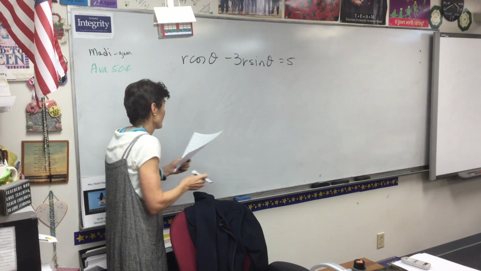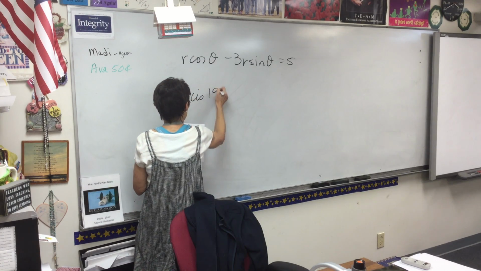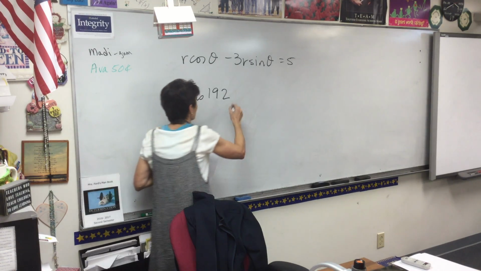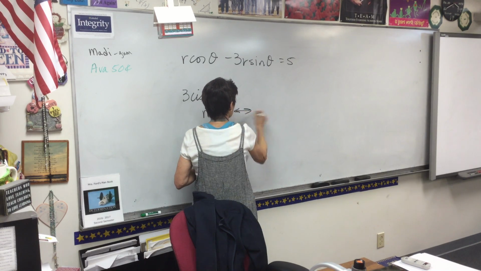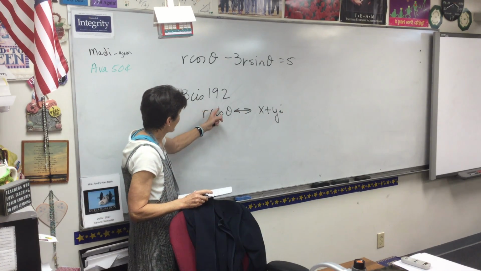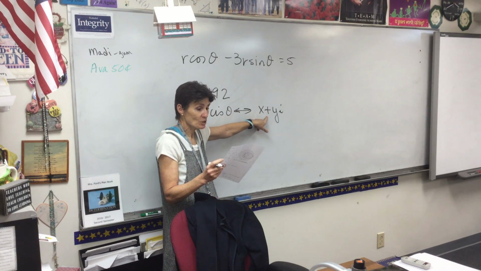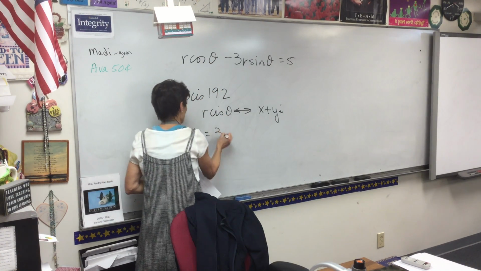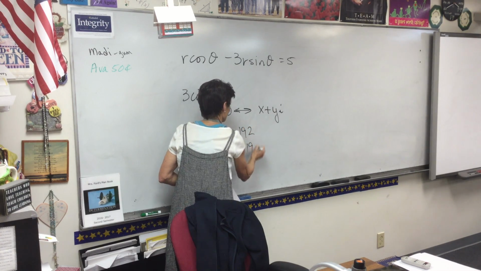That's number 1. Now, number 2 says we have 3 CIS 192, and we need to change that into rectangular form. Kids, remember, r CIS theta goes with x plus yi. So how do we find x? 3 cosine 192, and y is 3 sine 192.